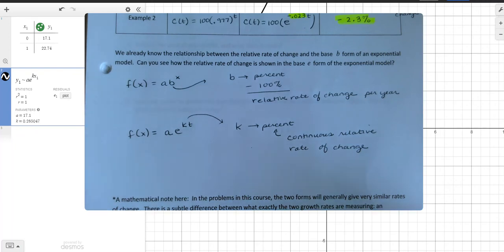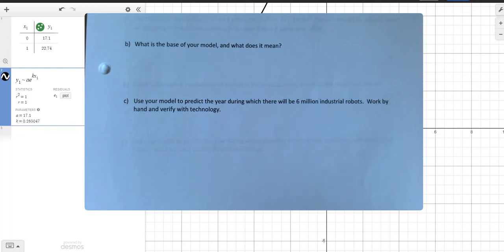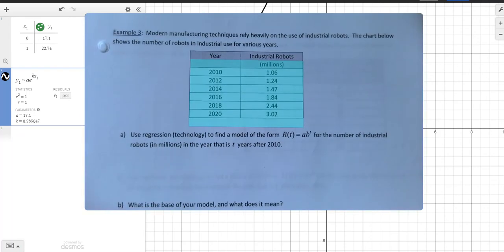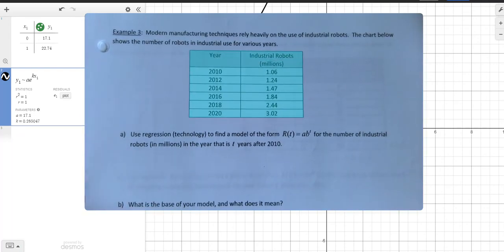All right, and it talks at the bottom of the page a little bit about how you'll talk more about this in future math classes. So let's see here. In example 3, modern manufacturing techniques rely heavily on the use of industrial robots. The chart here shows us the number of robots in industrial use for various years.